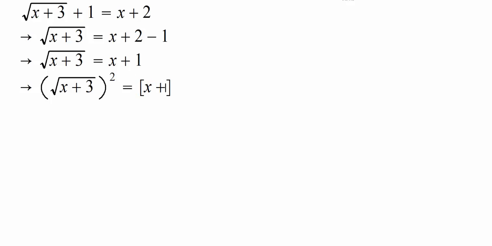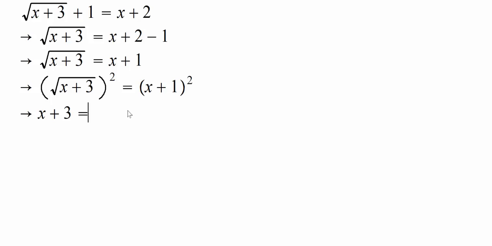The square and the square root are just going to undo each other, and let's FOIL the quantity x plus 1 squared.